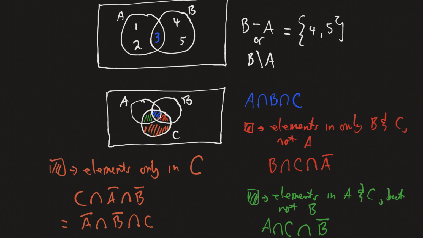So again, the Venn diagram will be one of the really useful tools once we start discussing other concepts that involve not just identifying sets and doing operations with them, but how it might relate to other topics and other concepts.